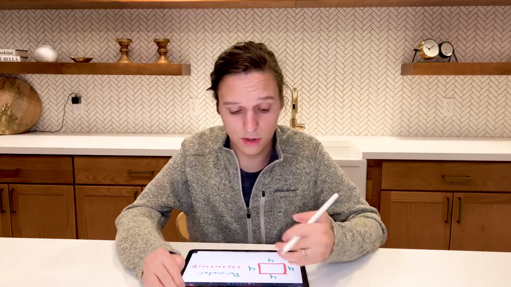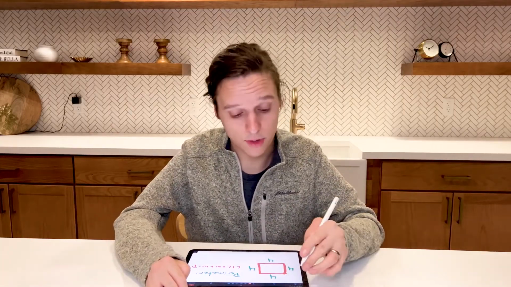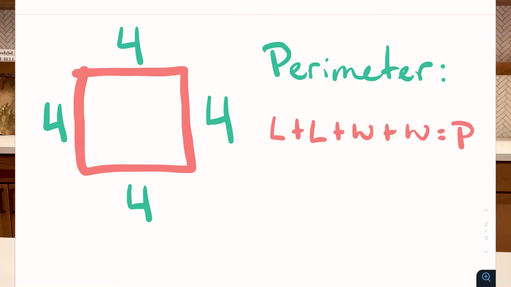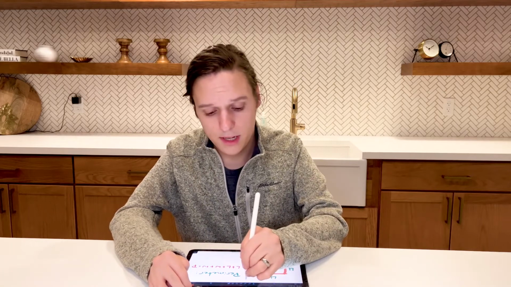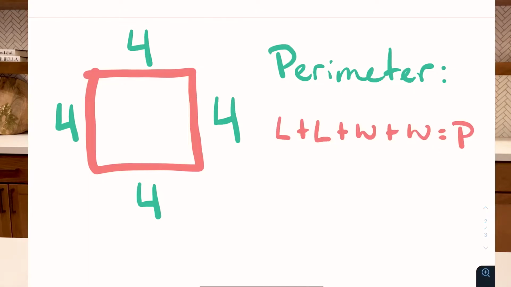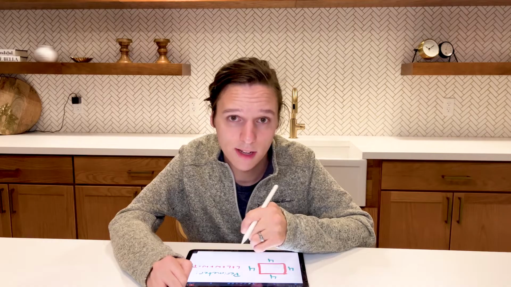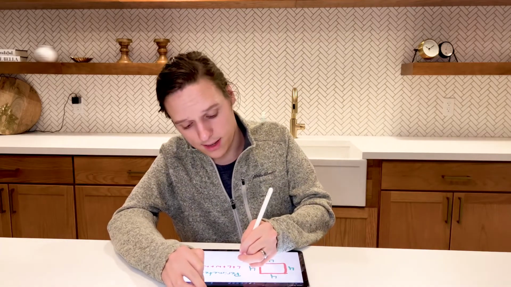Now there's several other things that we might want to know how to do or know about a shape. Right now, we know how far it is if we were to start here at one edge and we were to travel all around and get back. We know exactly how long or what the distance that would be. But what we don't know is if we wanted to paint the area. What area does it take up?